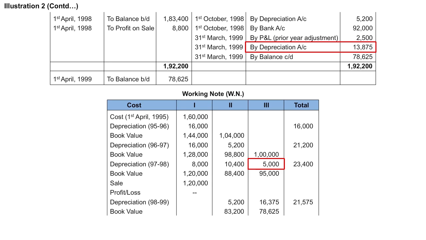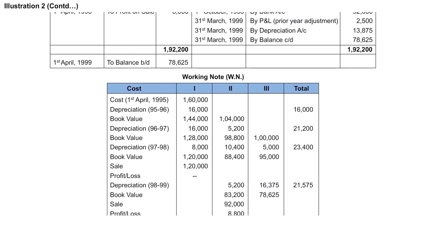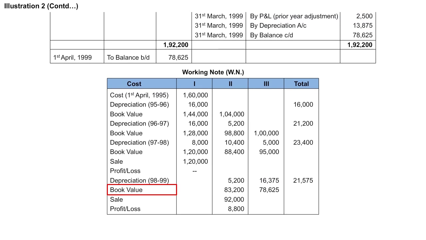So this 2,500 more you will charge as a credit to machinery account, and debit will be P&L. So 2,500. So basically this year for this machine you are totally writing off 16,375. Right? So in that case now your book value for the third machine will be 78,625, which is 95,000 minus 16,375. So we have given the effect retrospectively.